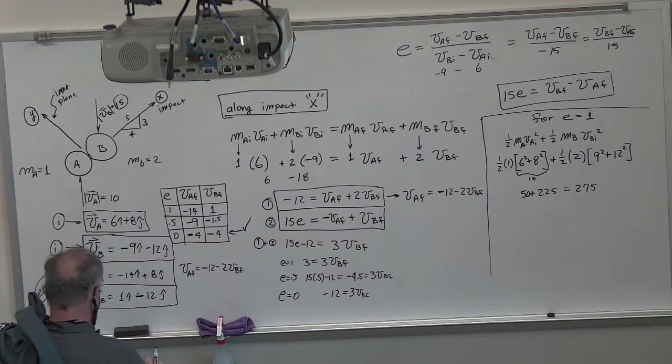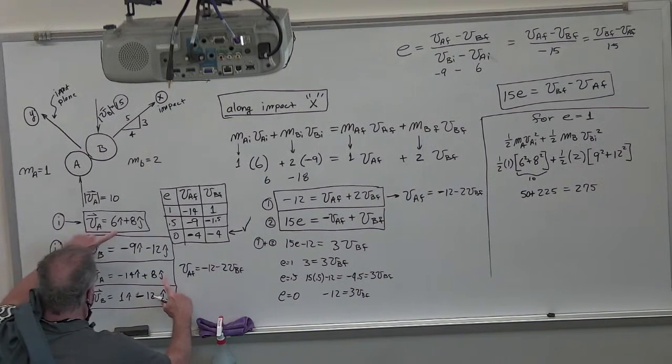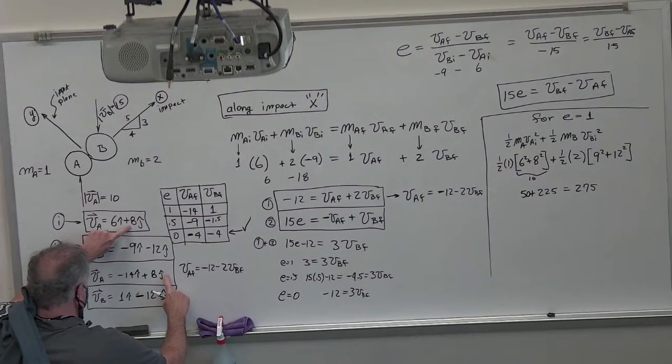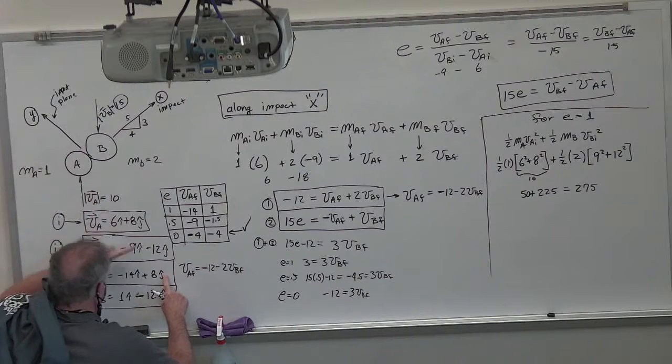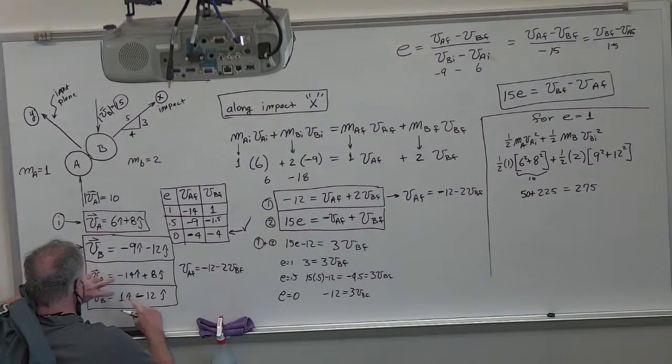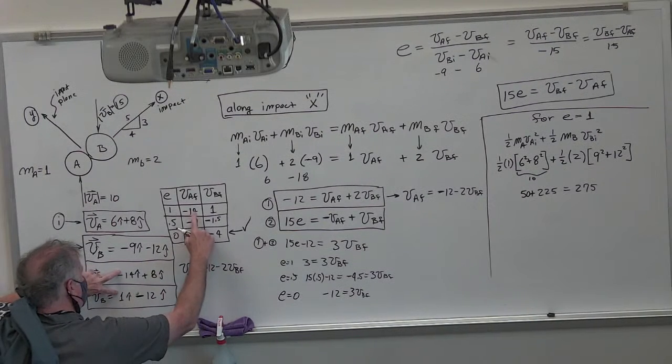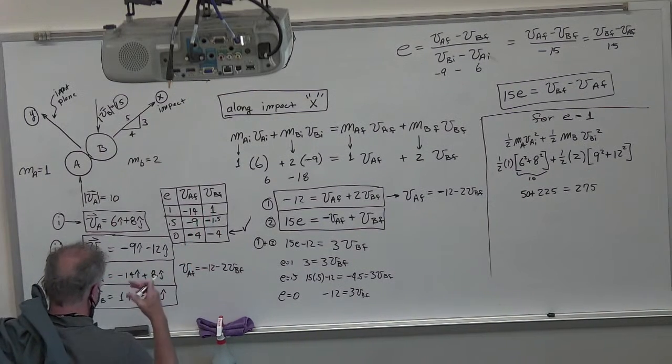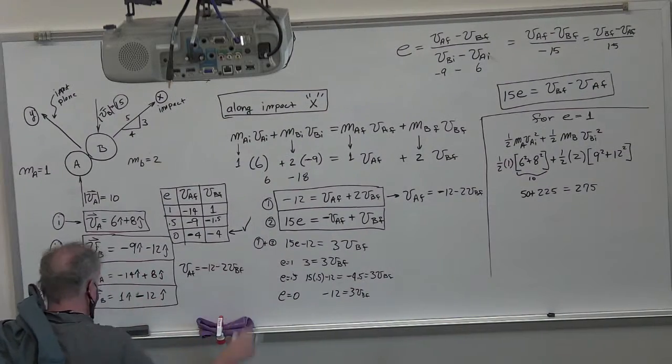So notice something here. Not along the plane of impact, or along the Y direction, they maintain themselves. Along the impact direction, they do not. Let's take this over there.